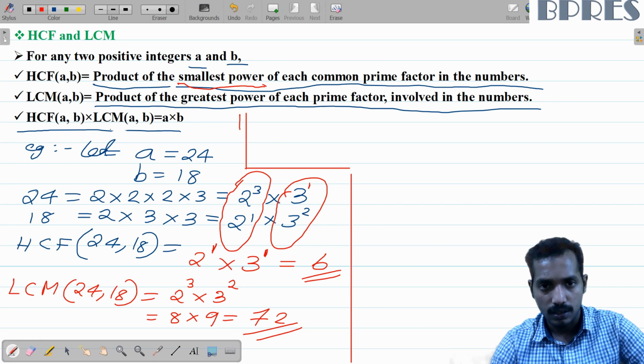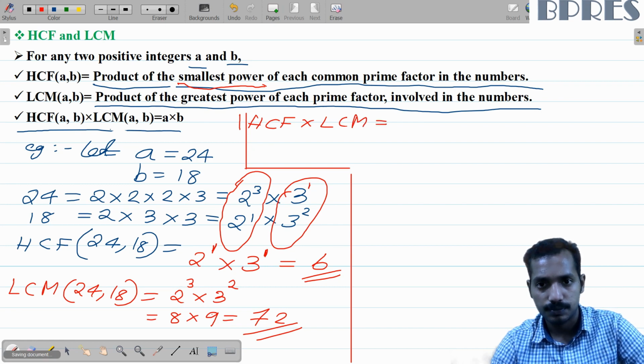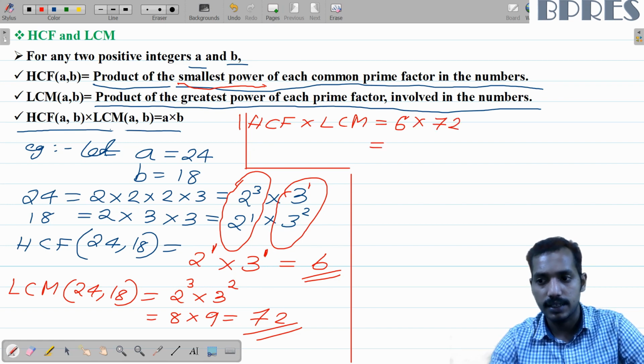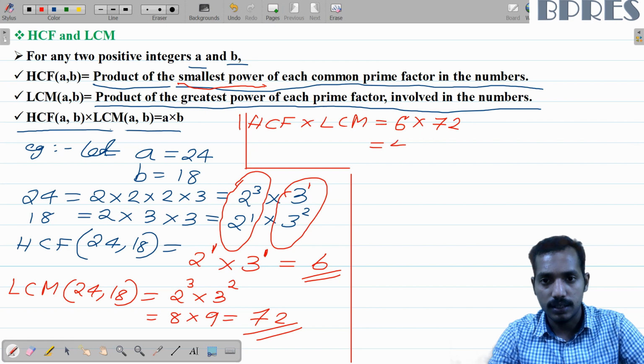So here HCF into LCM is equal to, what is HCF? 6, into LCM, which is 72. That we will get as 432.